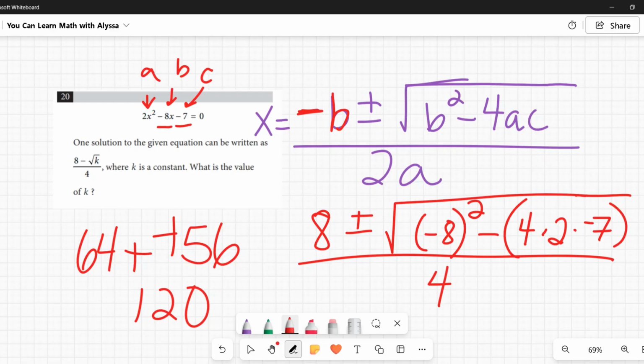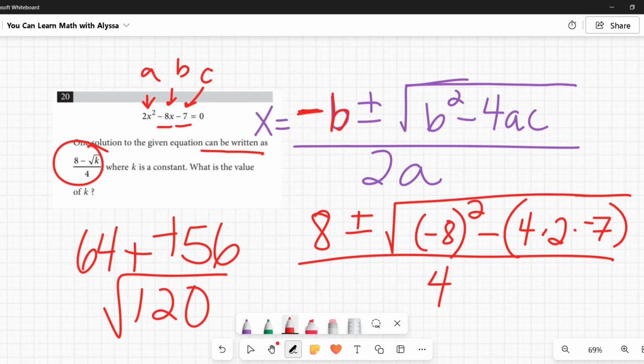So when I said earlier that I don't have to simplify this, does that mean I couldn't simplify the square root of 120? That is not what it means. You can simplify the square root of 120. You could make this a simpler answer, but you do not have to, because that's not what they're asking for. And if you did, you would get it wrong because they're saying that it can be written as 8 minus the square root of a number over 4.